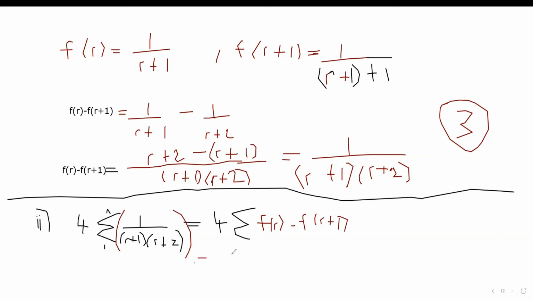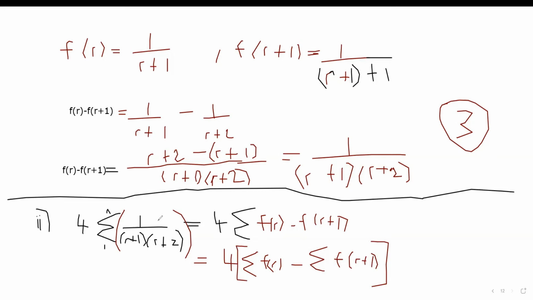It's going to be 4 times the sum of f of r minus the sum of f of r plus 1, because remember, we can break up summation like that. The sum of a minus b is the sum of a minus the sum of b. And then whatever sum we get, we multiply it by 4. So this is what we're evaluating.